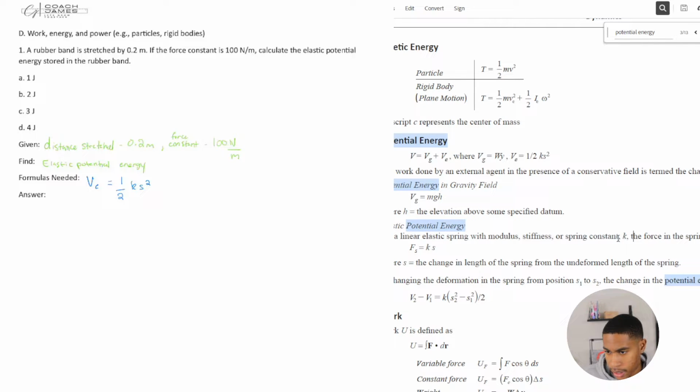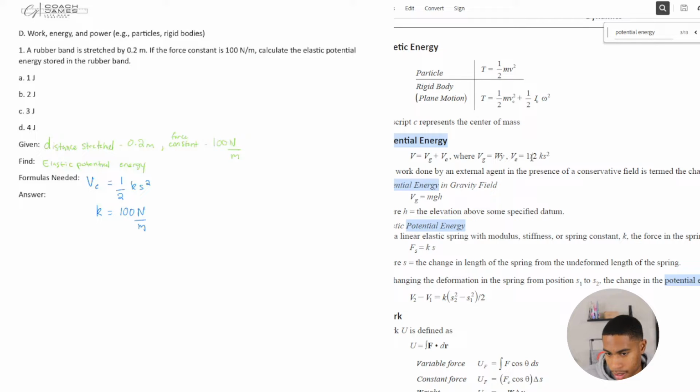So it says a spring constant, k. So our k is going to be our rubber band constant, which is 100 newtons per meter.